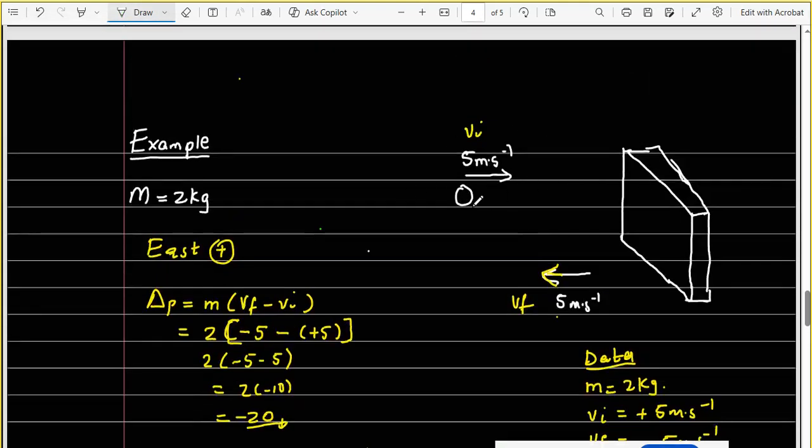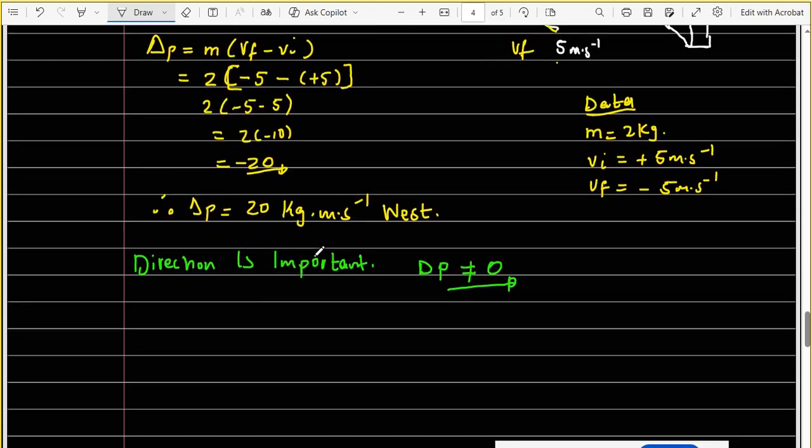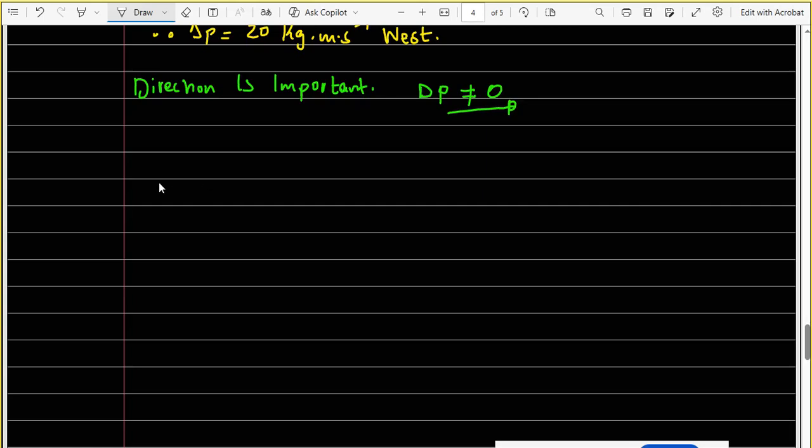Remember that at first the ball hit the wall and then rebounded back, right? Now this time the very same ball is going to travel in that direction with a velocity of 5 meters per second.